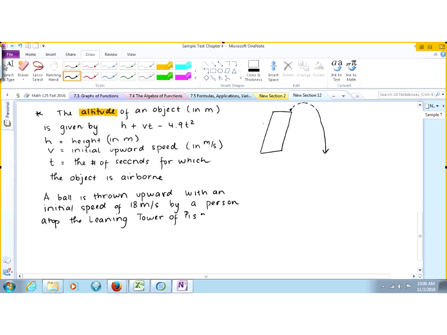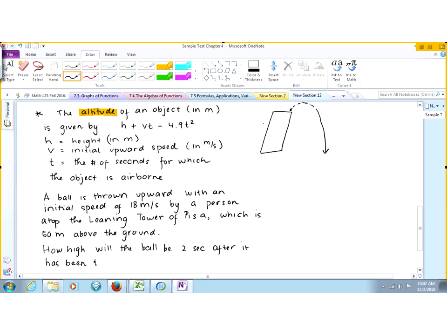Just imagine I go on top of the tower and then I throw a ball, which is 50 meters, so this is the correct measurement, above the ground. Okay, so how high will the ball be 2 seconds after it has been thrown?